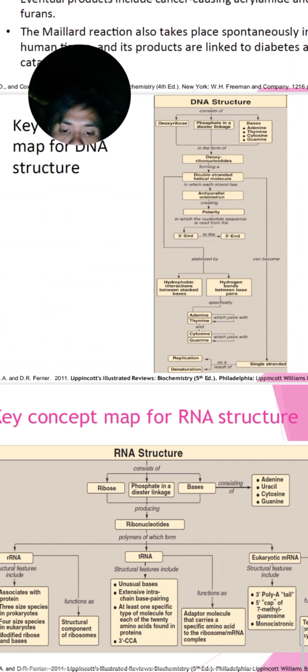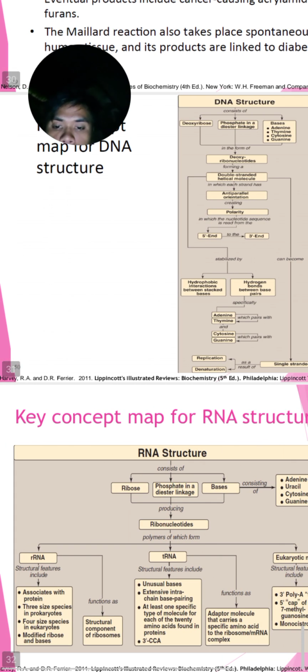The function of tRNA is as an adaptor molecule that carries a specific amino acid to the ribosome or mRNA complex. The structure of rRNA includes association with protein, three size species in prokaryotes, four size species in eukaryotes, and modified ribose and bases. The function of these is as a structural component of the ribosome.